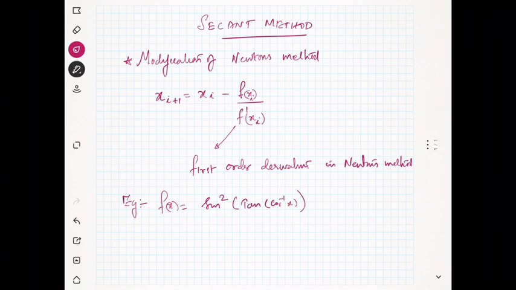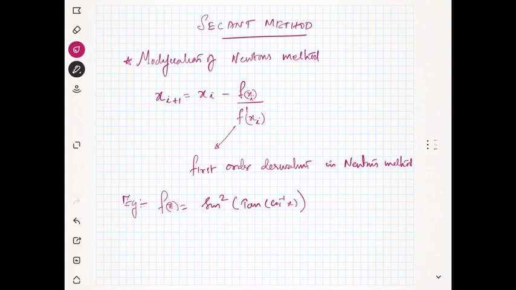This is a highly nonlinear function, and it can be very hard to find the derivative. So in these cases, Newton's method is difficult.